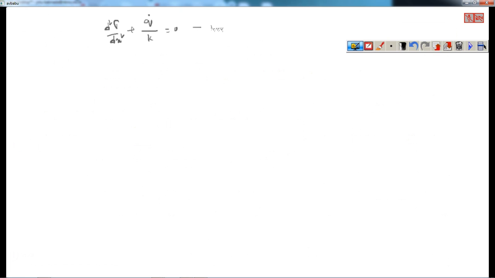This is equation number 1, I am denoting it as.